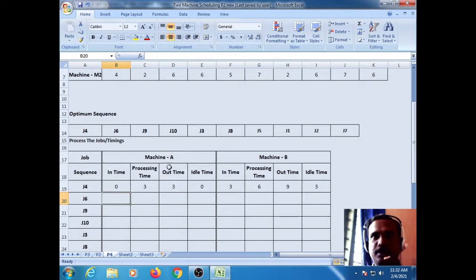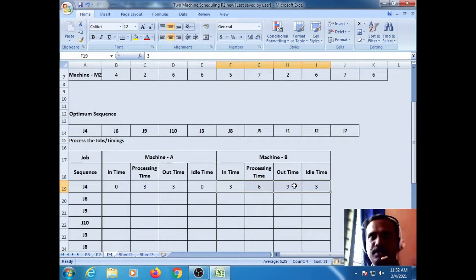If you take the machine A out time, the previous job was performed for 3 hours, and it came out from the machine at the 3rd hour. At the 3rd hour machine A will become free. That means at the 3rd hour we can process the next job. If you think about the other out time, at the 9th hour machine B processed the previous job.